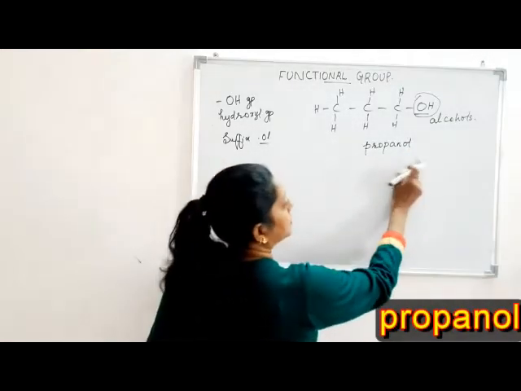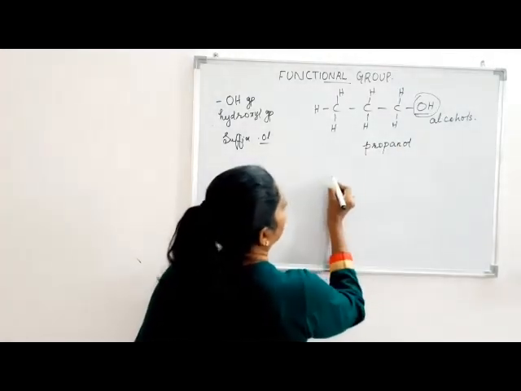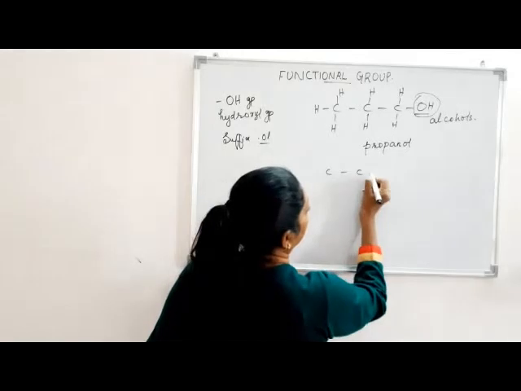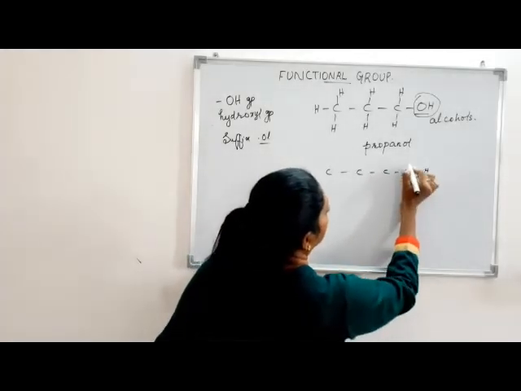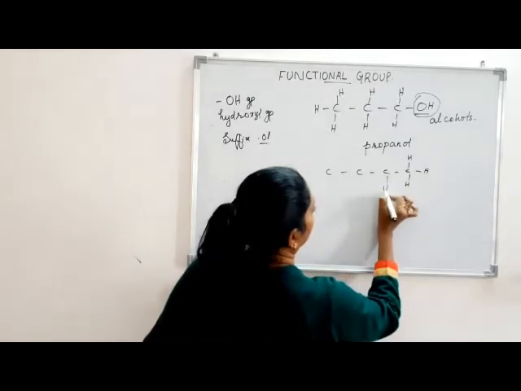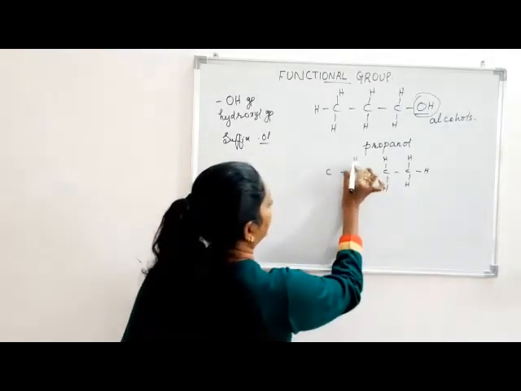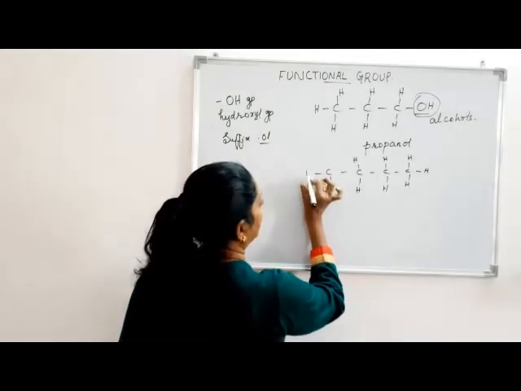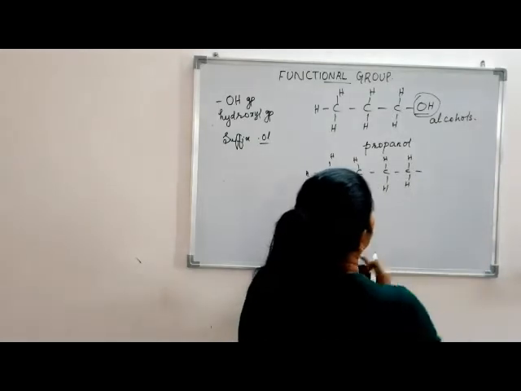Okay. This is propanol. If we are taking butane, that is 4 carbon atoms, like this 1, 2, 3 and 4 carbon atoms, and hydrogen atoms are attached to each carbon atom. This is our butane molecule, and if we replace one of the hydrogen atoms with an OH group, this is the alcohol.